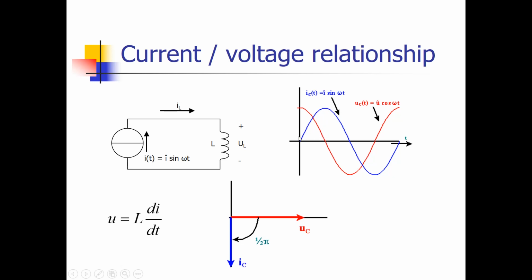Again, because the current is a sine wave and the voltage is a cosine wave. This is defined as plus 90 degrees, this is defined as minus 90 degrees, and in radians that is minus 0.5 pi. So again, current lags voltage for an inductor, or we can say voltage leads the current.